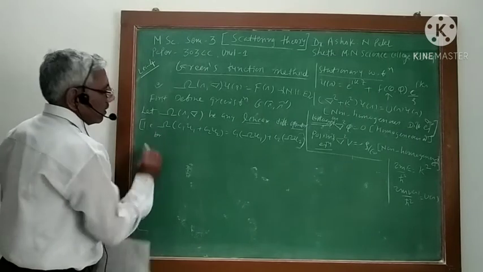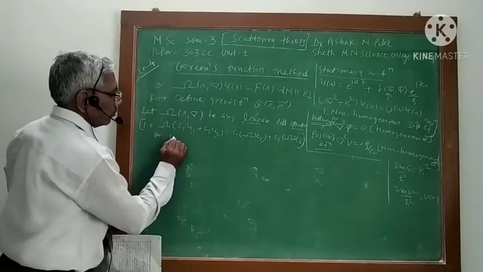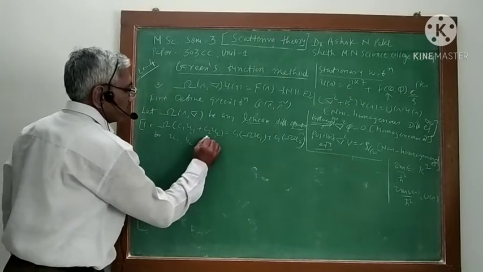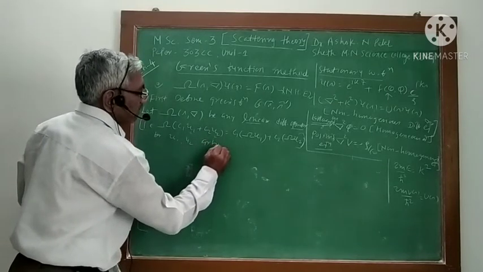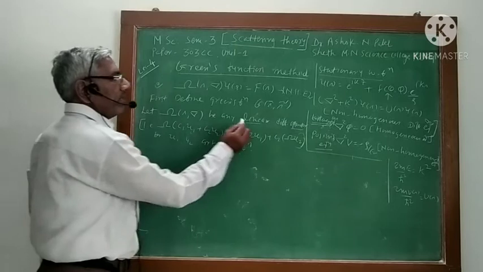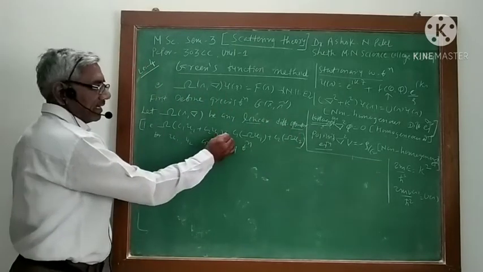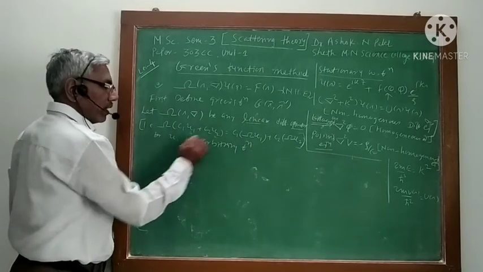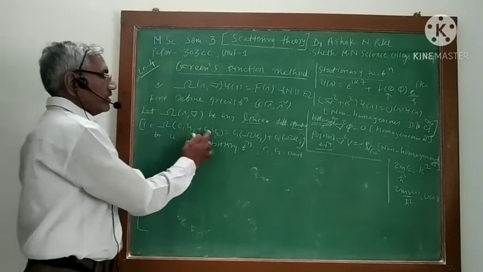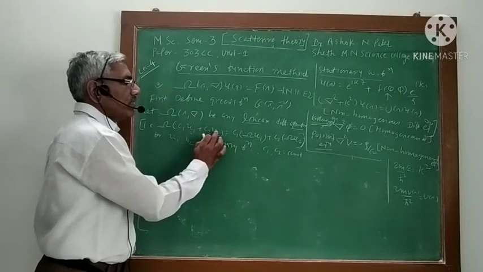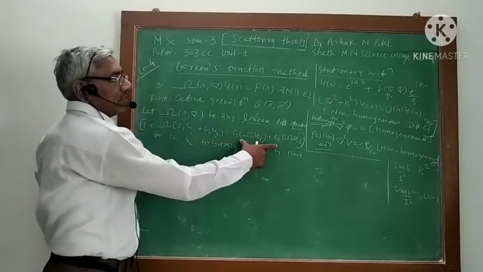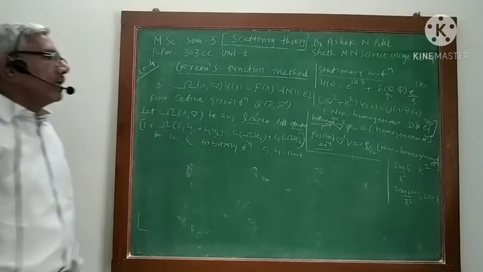Let omega be any operator which satisfies this identity for U1, U2 arbitrary functions and C1, C2 constants. Here C1 and C2 are constants, and U1 and U2 are arbitrary functions. When a linear combination is operated on, it will give this result, and that's why omega is called a linear differential operator.